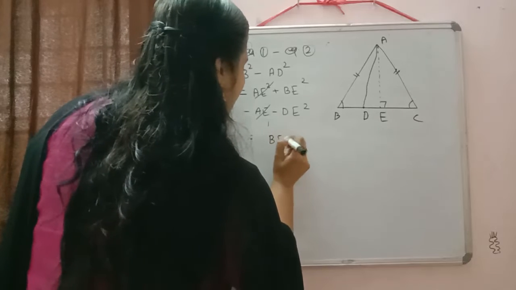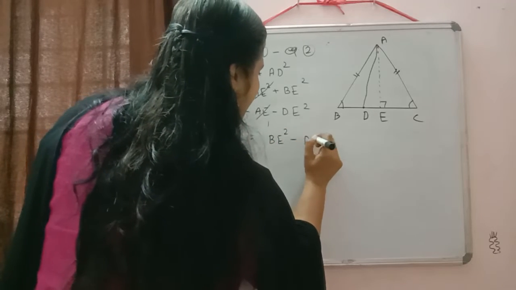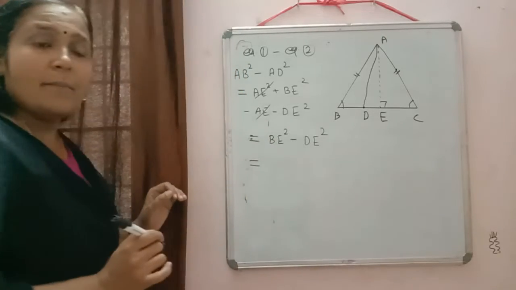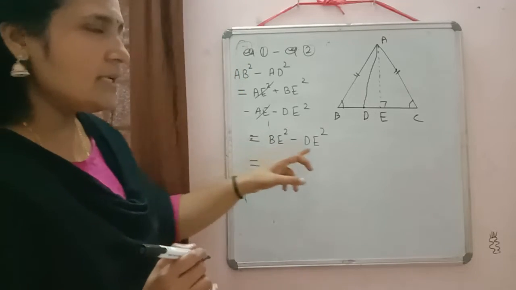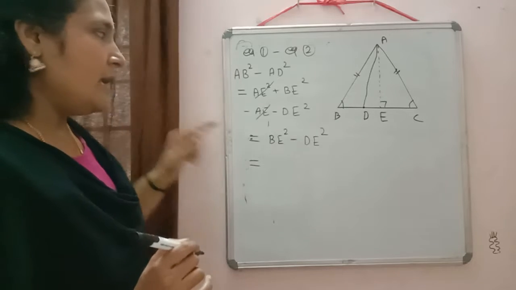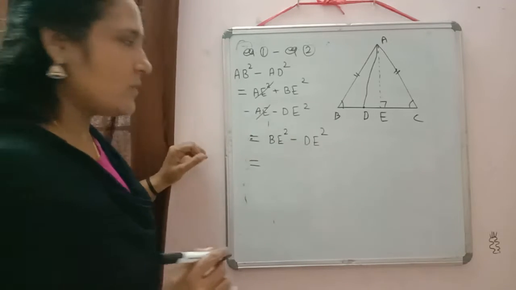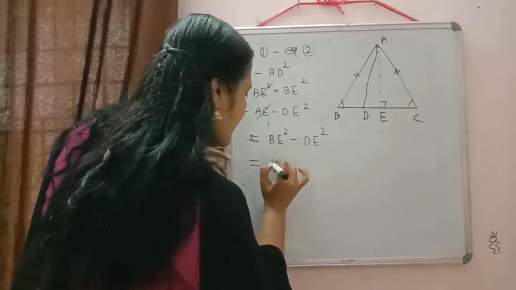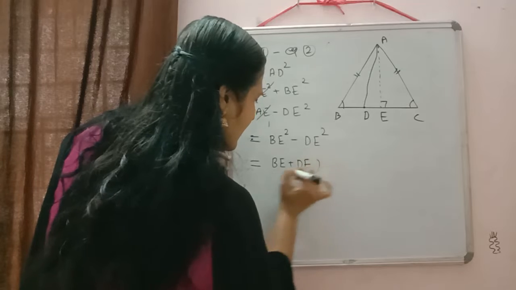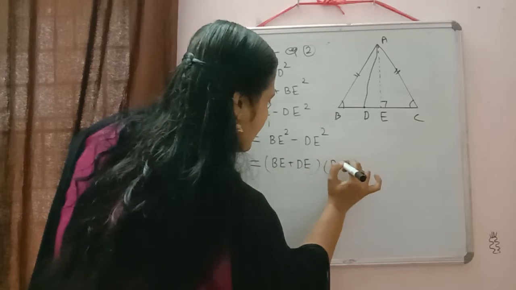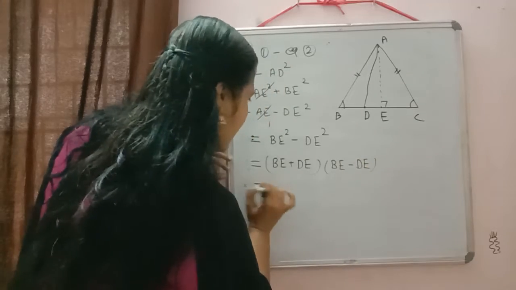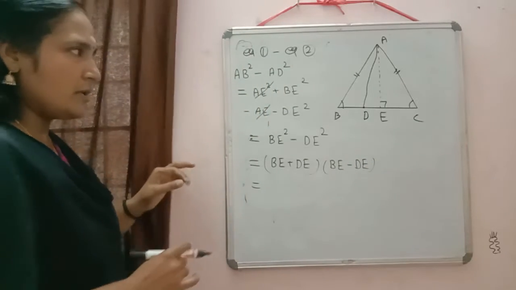BE square minus DE square. But on the right hand side we need the form of a product. Can we convert it into a product? Yes, by the identity a square minus b square equals a plus b into a minus b. So we can rewrite it as BE plus DE into BE minus DE.